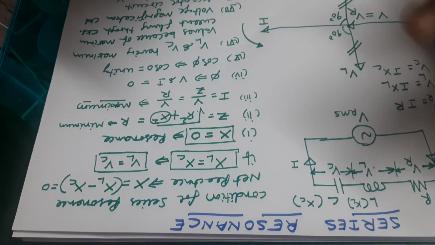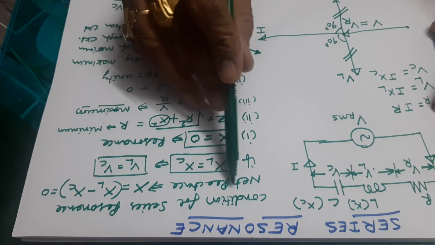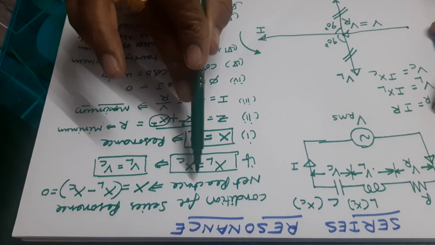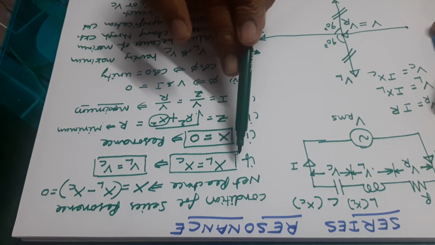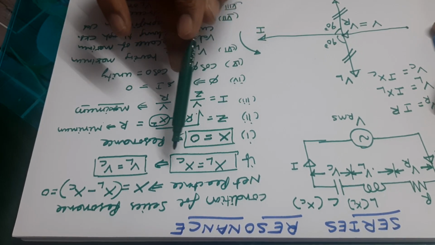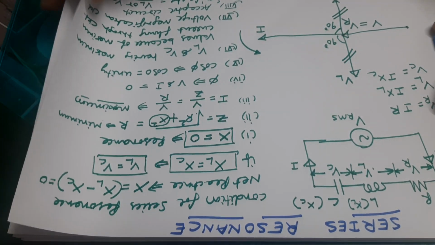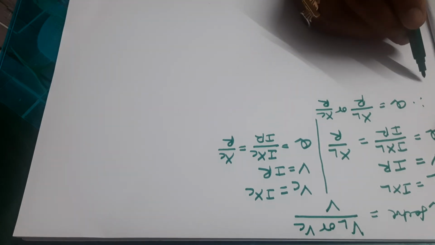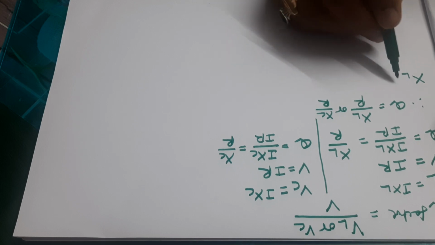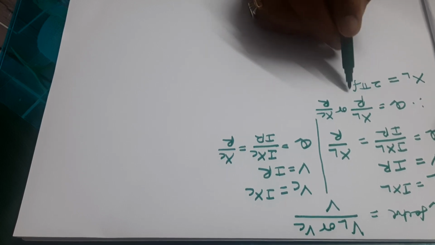So in the last discussion, what we are stating is that the condition for series resonance is net reactance is 0. If XL is equal to XC, then the circuit is under resonance condition. But how will this happen? That can be explained simply. We know that the inductive reactance is given by the formula 2 pi FL.